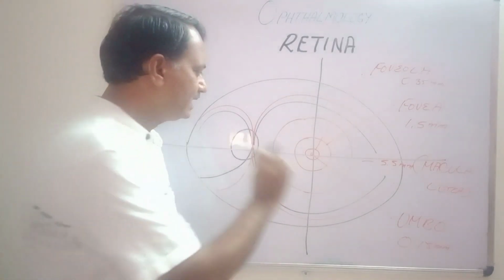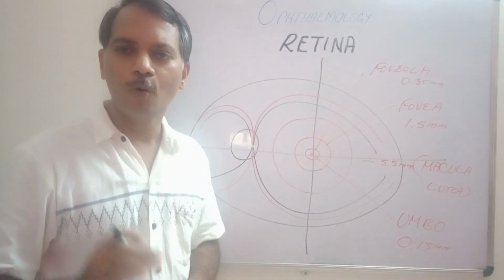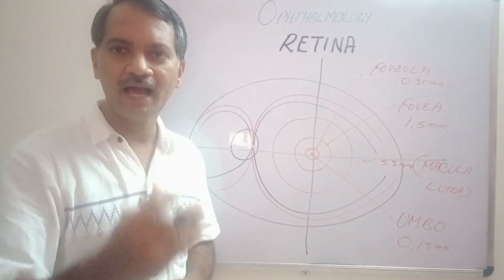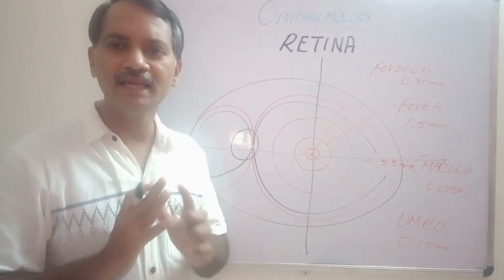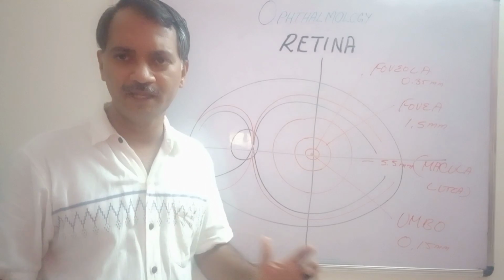So, in the center of the macula, only cones will be present, over which you will have the internal limiting membrane. You will have the retinal pigment epithelium behind it. All the other layers will be pushed towards the periphery.